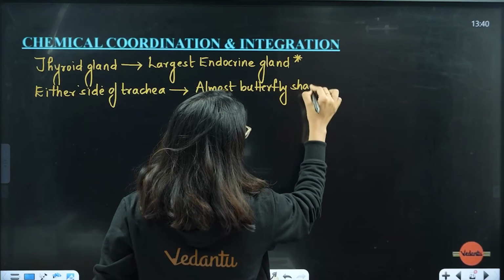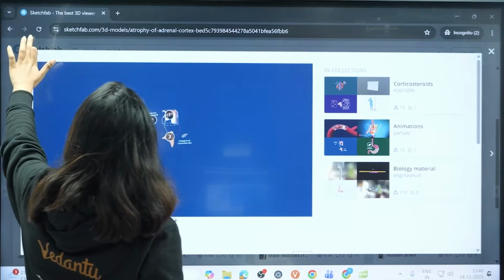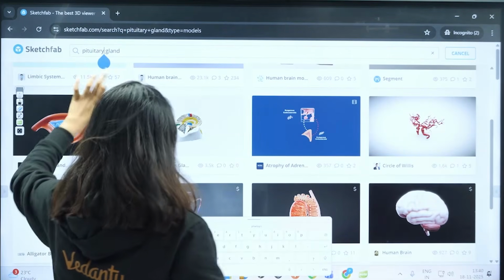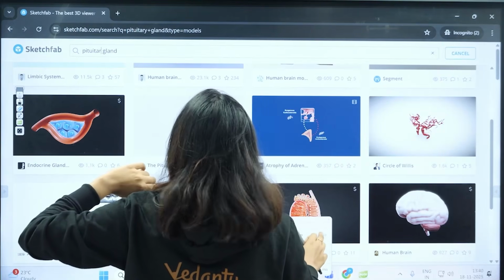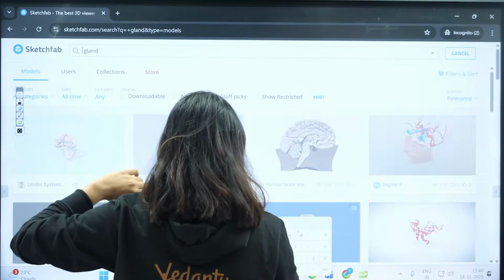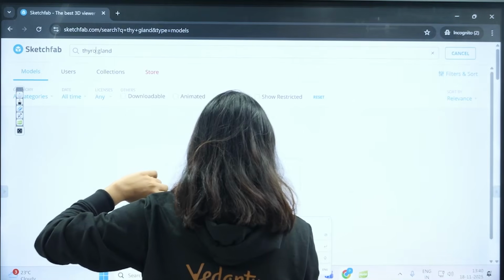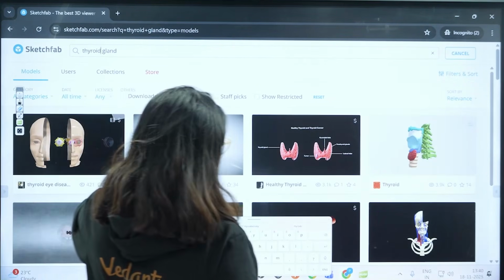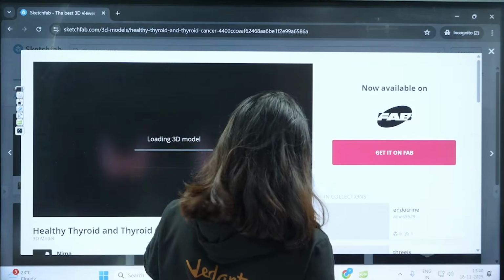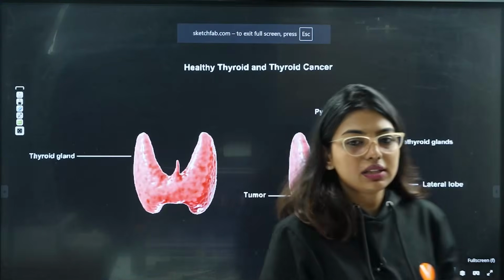All of you marked your attendance? Okay, almost butterfly shaped. I'll show you here. See here, this is the thyroid gland.